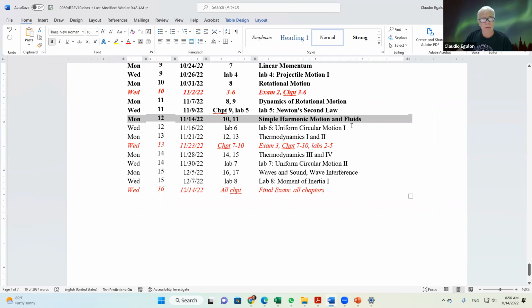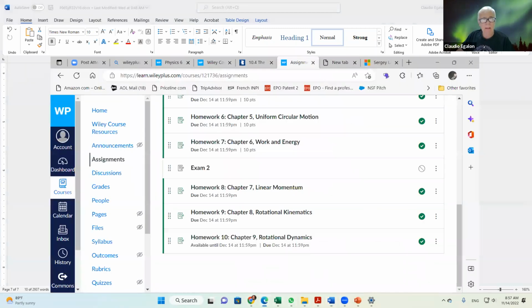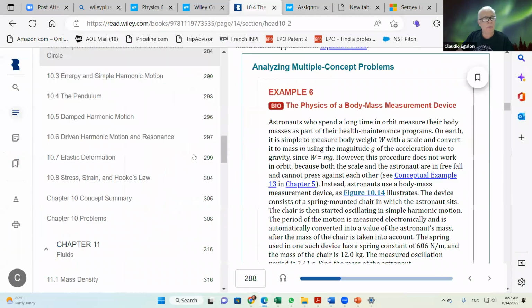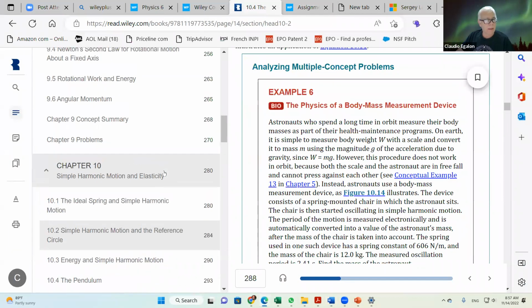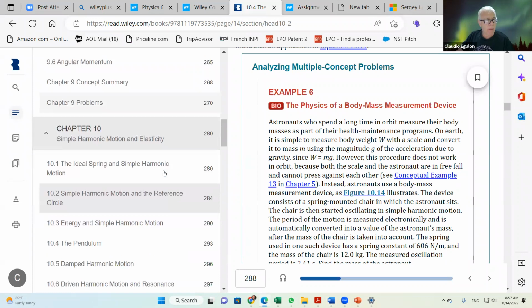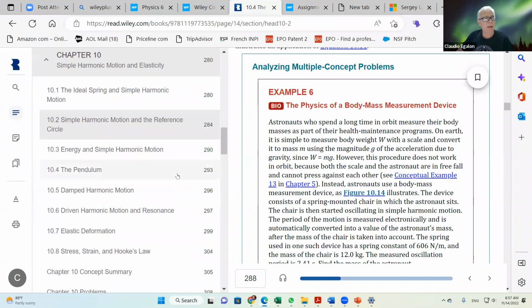Okay, so let us start with simple harmonic motion. Let's follow the way the book is organized. Let's take a look there at the book. Right in here. Okay, chapter 10, simple harmonic motion and elasticity.